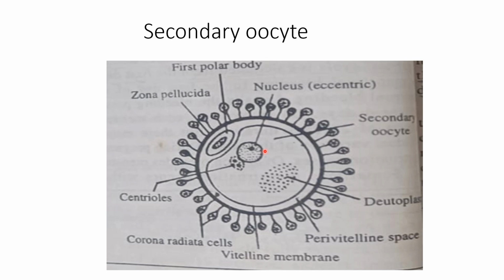The larger daughter cell, which has abundant maternal cytoplasm, is called mature ovum, and the smaller daughter cell, which has scanty cytoplasm and haploid number of chromosomes, is known as second polar body. The second polar body is again released in the perivitelline space, and after that the mature ovum will fuse with the spermatozoa during fertilization and give rise to zygote.